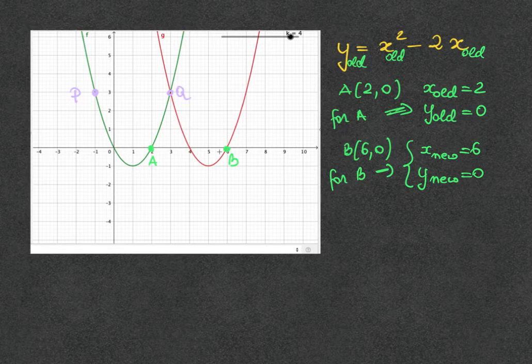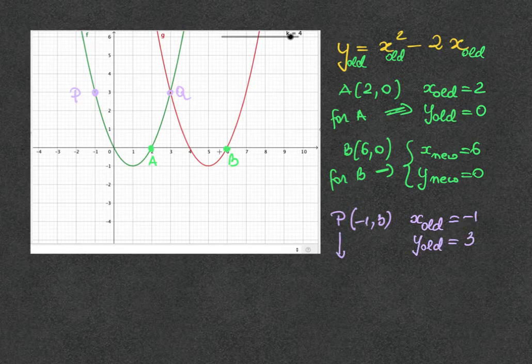So P is the point of the green graph, has the coordinates -1, 3. Yeah, let's quickly check. -1 squared is 1, 1 plus 2, 2 times -1, 1 plus 2 is 3, correct? So x old is -1, y old on the old graph is 3.